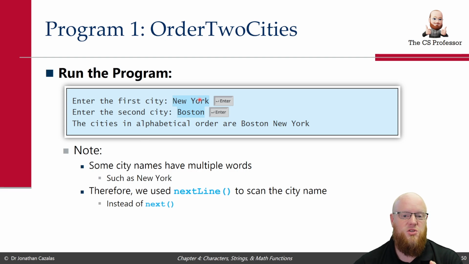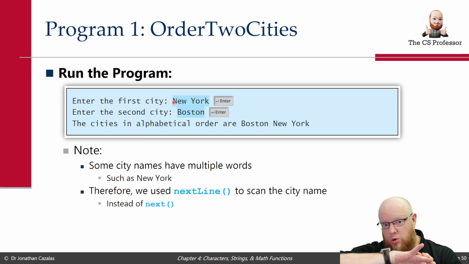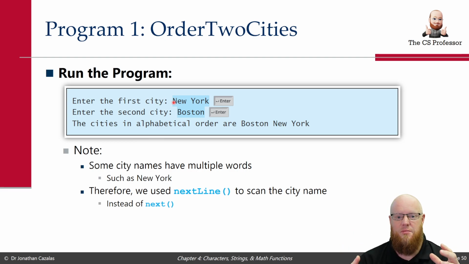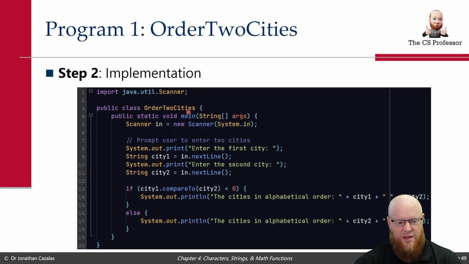So because we know that they're possibly going to have a 2-word or a 3-word city, we want to scan using nextLine to consume the entire line of input when we're asking for the city name. And then when we ask for the second city name, again, we consume that entire line of input.